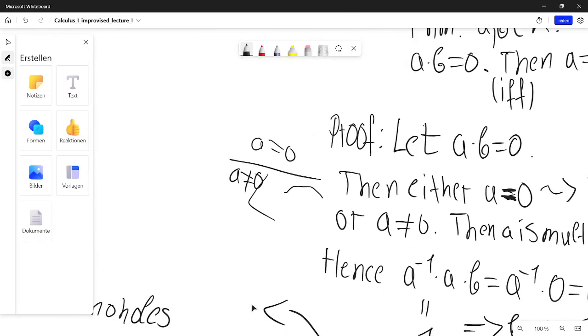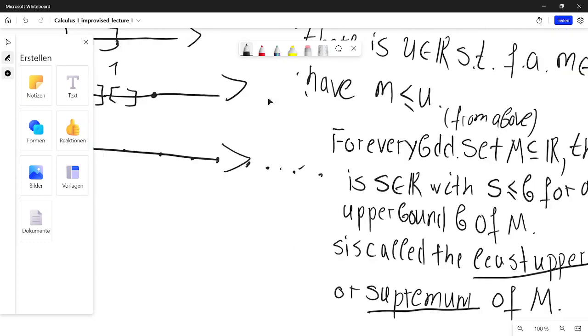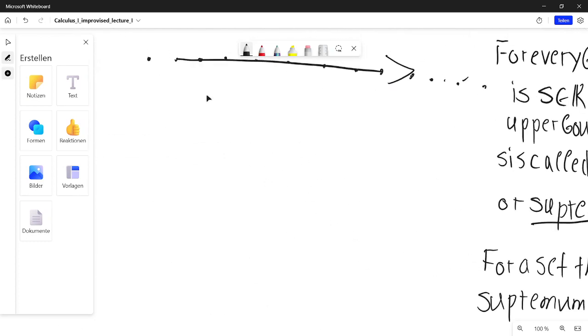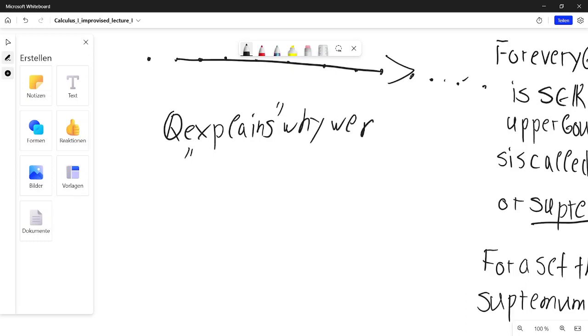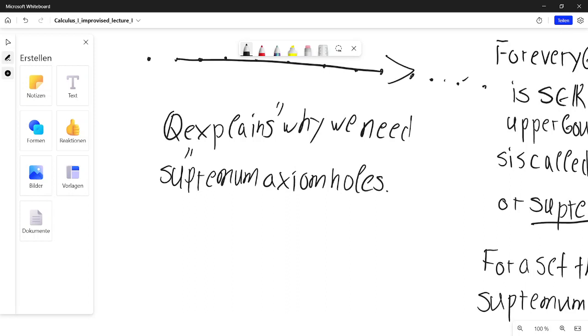We have holes, as you know. Right. Q explains why we need the supremum axiom to fill holes.